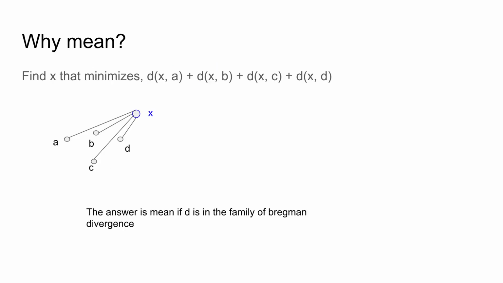What I mean by this is that if you have some points A, B, C and D and you want to find a point X such that the sum of all the distances from X to A, B, C and D is minimized, it can be proven that if the distance is in the family of Bregman divergence, then the answer is X equals the mean of A, B, C and D.